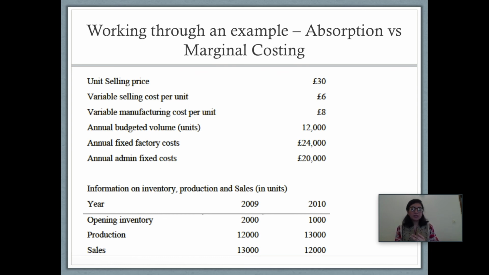And the last and the most important was to differentiate between under absorption and over absorption, and how it is created, and how it impacts the cost of sales area of the income statement and the financial statements of cost accounting. I hope you have understood.